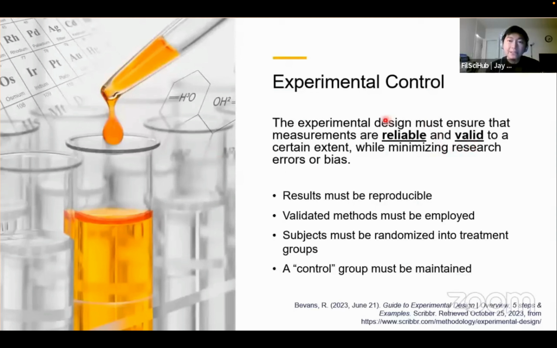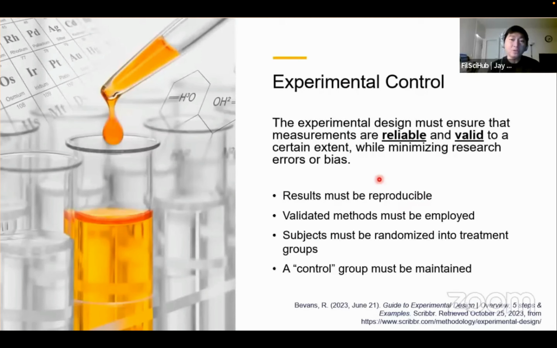And reliability is, the measure for reliability is found on the reproducibility of a certain analytical method implemented. So yung results ng experiments natin must be reproducible in order to be deemed reliable.